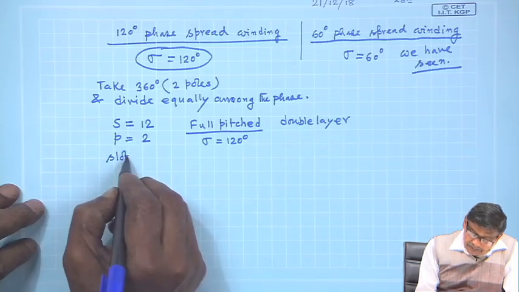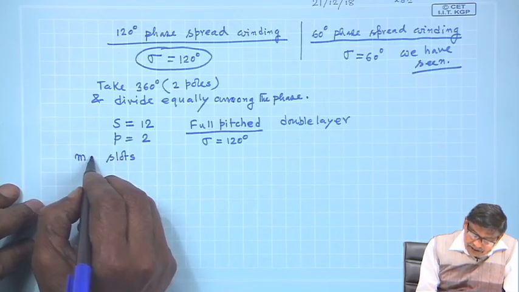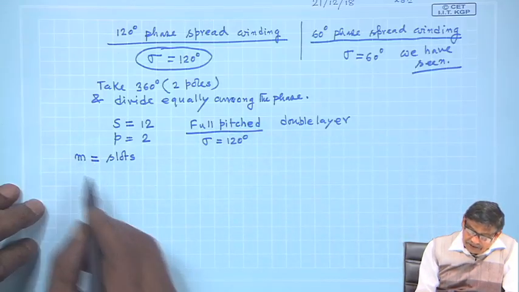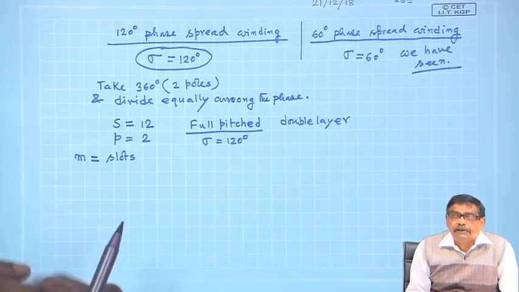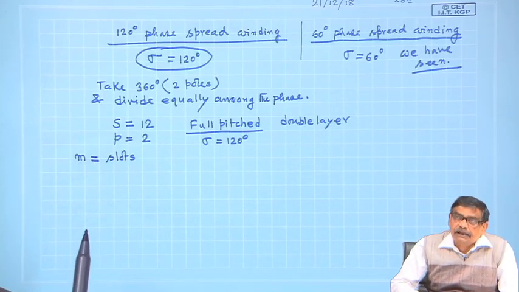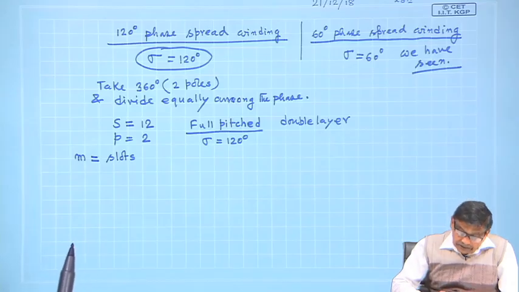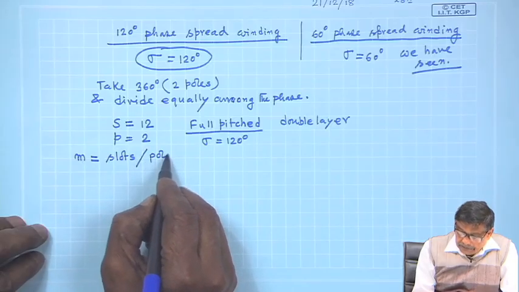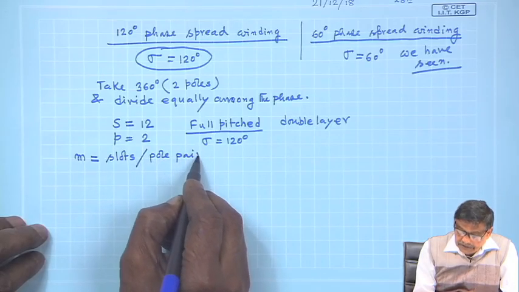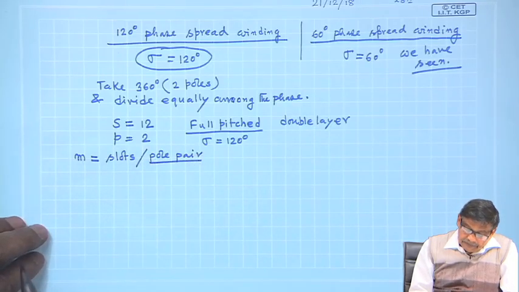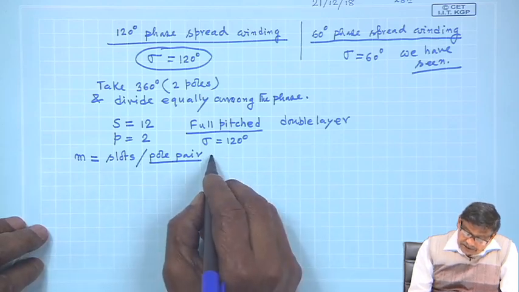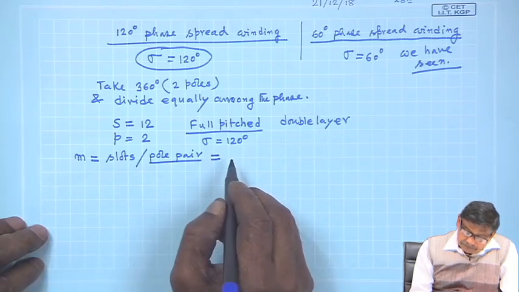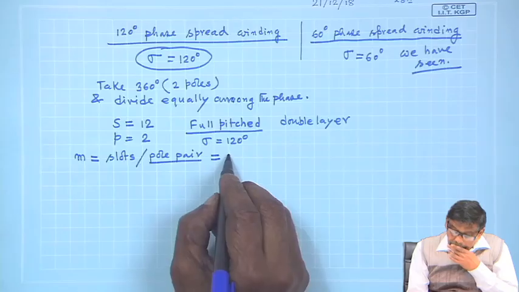Slots, and this gives you the value of m, okay, that m sin beta by 2 by m sin beta by 2 in the distribution factor while calculating. So, m it is slots per pole pair, okay, pole pair. So, in this case it will be 12 only.